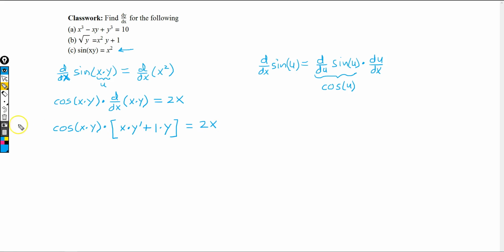And now what we have to do is isolate this y prime right here. We have to isolate that by itself. So let's divide the cosine xy to the other side and then subtract this y over. And what we'll get then is... alright, so we get that. So see this y right here, we moved it over, it became this y.